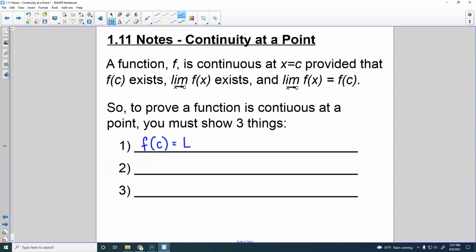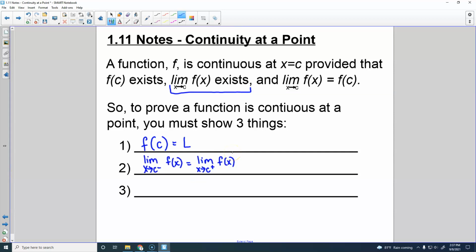We also must prove that the limit as x approaches c of f of x exists. To prove that a limit exists, we have to show that the limit as x approaches c from the left of f of x equals the limit as x approaches c from the right of f of x.